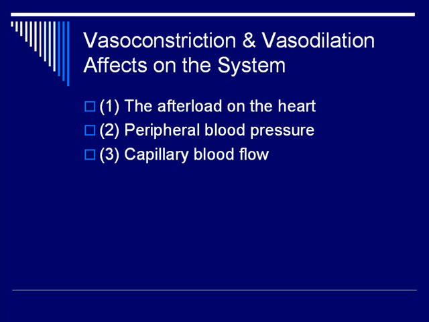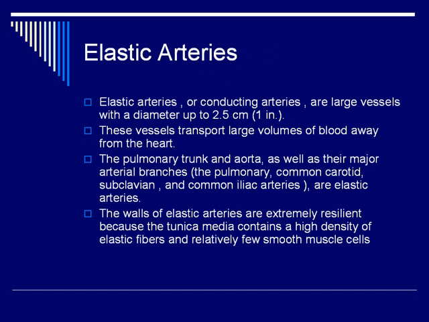Peripheral blood pressure, which you're all very probably familiar with. Those of you who are going into healthcare professions recognize the peripheral blood pressure, an indication of how effectively the heart is pumping to maintain the pressure throughout the system. And then capillary blood flow is essential because at the capillary level, that's where the exchange of O2 and CO2 will take place. Now, arteries are elastic.